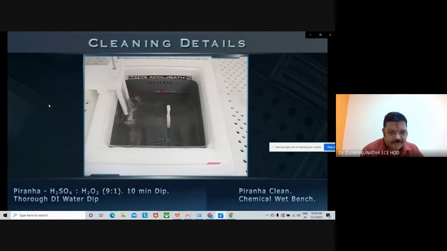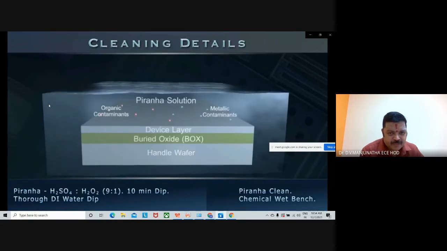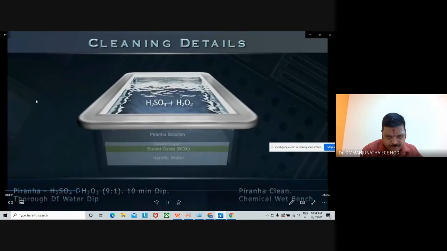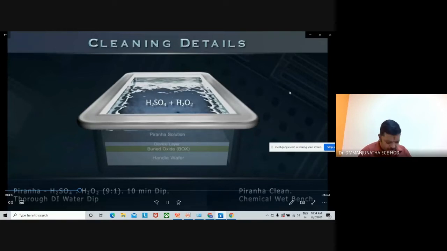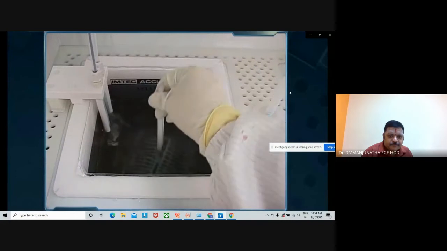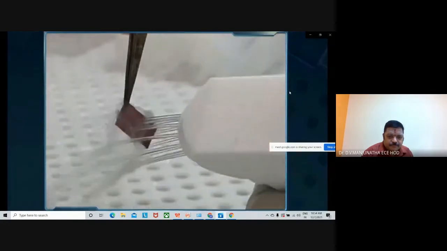The samples are kept in the solution for 10 minutes. The piranha solution removes any organic and metallic contaminants from wafer surfaces. The solution is prepared by mixing sulfuric acid and hydrogen peroxide in a 9:1 ratio by volume. 10 minutes later, we remove the samples and rinse thoroughly with deionized water.